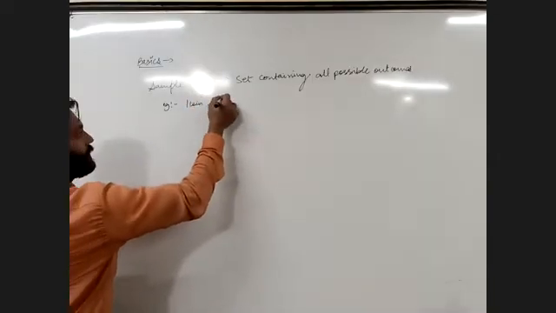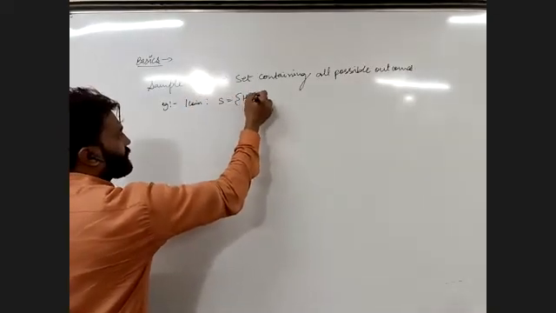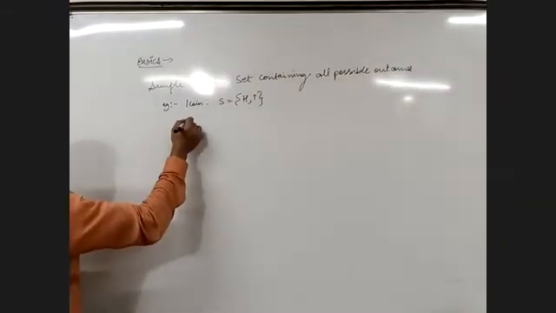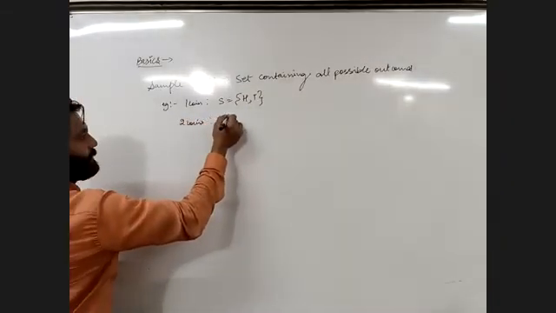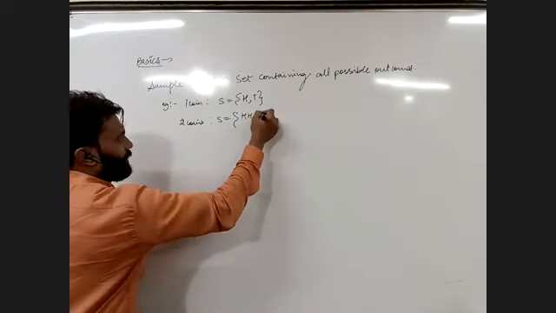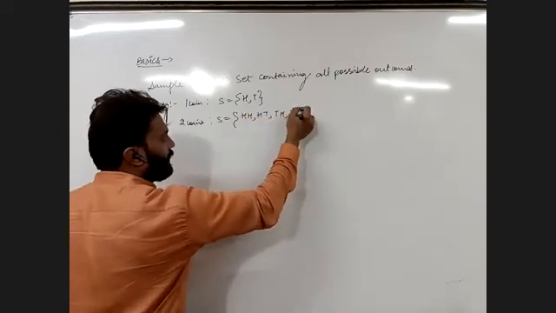For example, if we toss one coin, the sample space will be H, T. If we toss two coins, the sample space will be HH, HT, TH, TT.